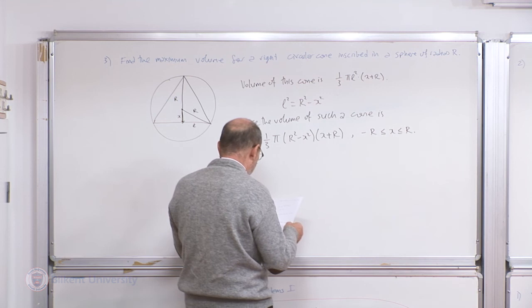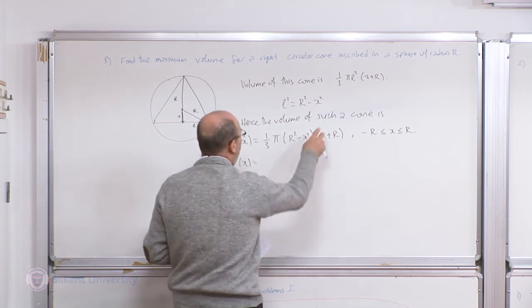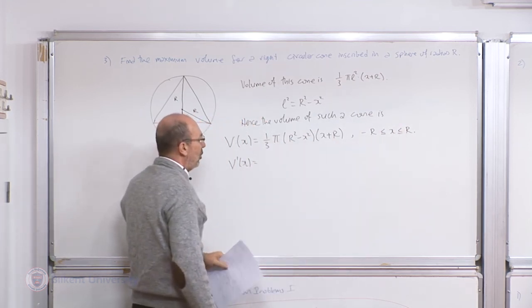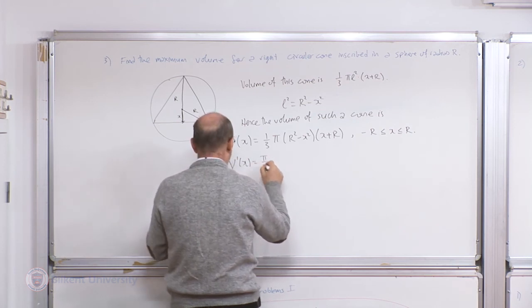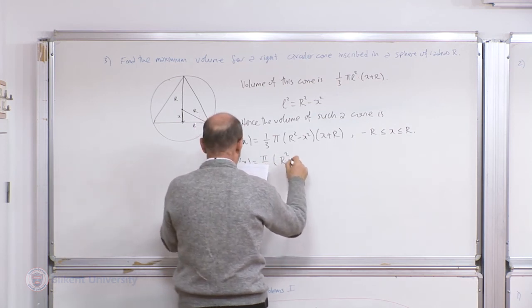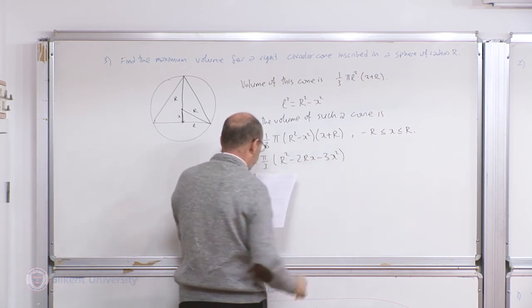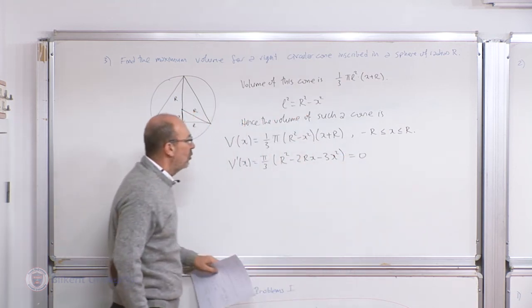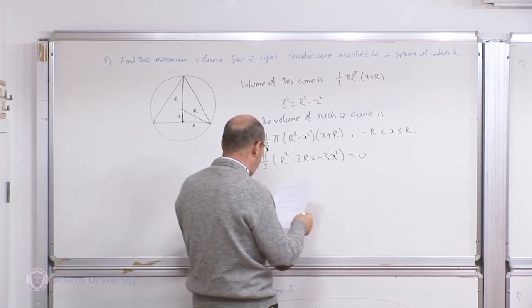So I take its derivative. Before taking the derivative, I expanded this and made it a polynomial in x so that it is easier, and when I take the derivative, I get r squared minus 2rx minus 3x squared. Then, if you have a derivative in calculus, you equate that to 0 and find the roots.